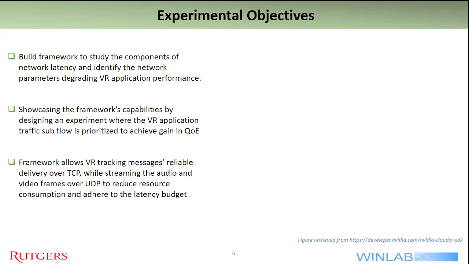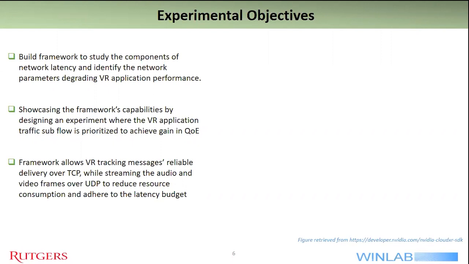The experimental objectives, which means the way we try to address this problem and work on the limitations we have discussed so far, is to build a framework, which we did, to study the components of network latency and identify the network parameters which degrade this VR application. With that, we took an approach of prioritizing a traffic subflow, and we did achieve a QoE gain at the end.